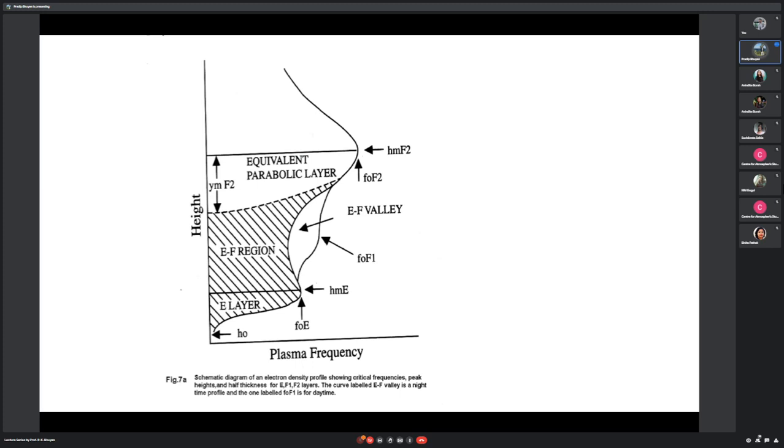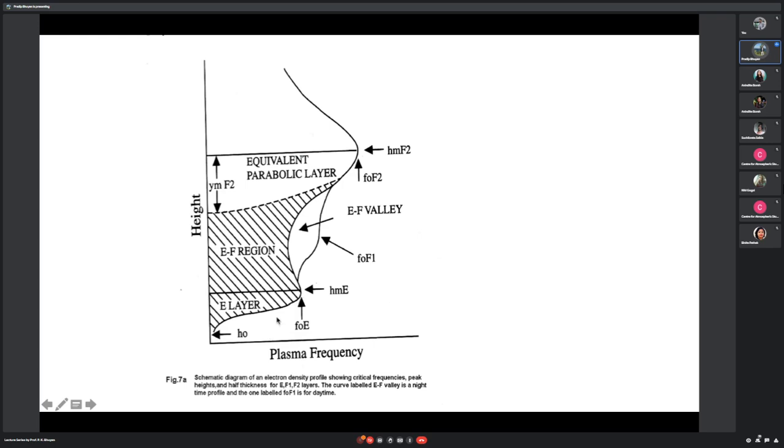That means, say, 5 megahertz. Say 5 megahertz is the critical frequency of your E layer on that particular day or in that particular sequence of recordings. Then what happens if you have a transmitter transmitting at 5 megahertz?